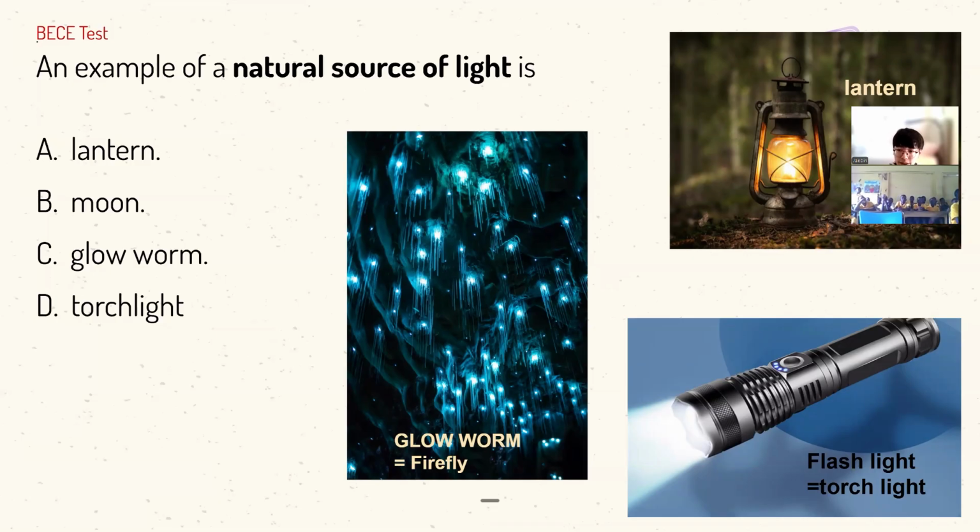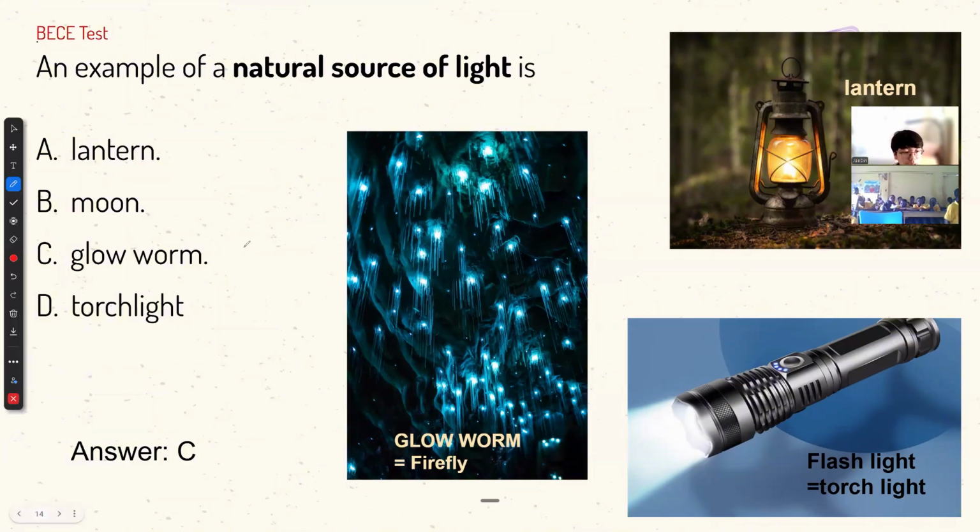Yeah, I'm getting a lot of different answers. I'm hearing a couple A's and a couple C's, but the answer is C. It's the glowworm, and that is a natural source of light.